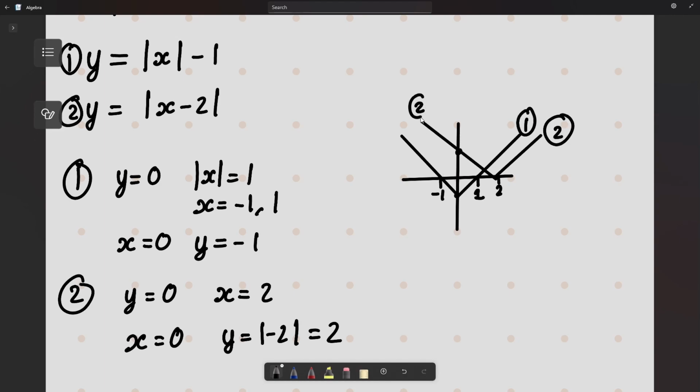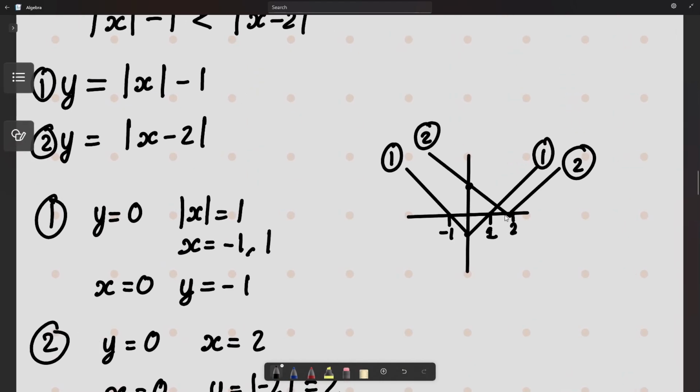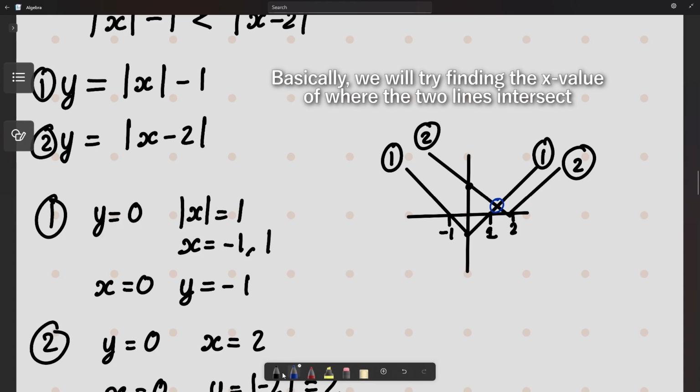Likewise, this is also equation number 2 and equation number 1. So as we can see from our statement that is given here, modulus of x minus 2 is greater than the modulus of x minus 1. And when does that happen? It happens after this point, after this intersection right here. So now we want to know what that intersection is, right?